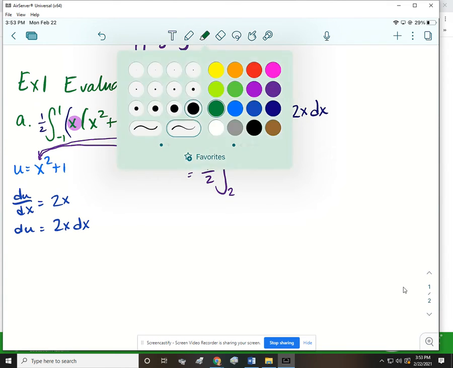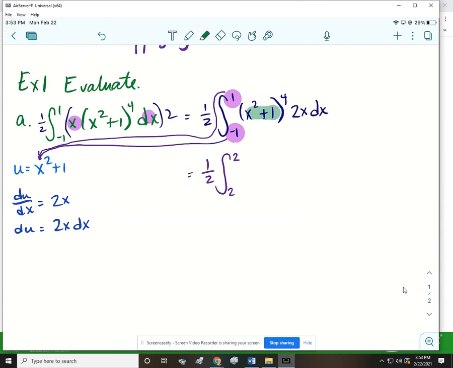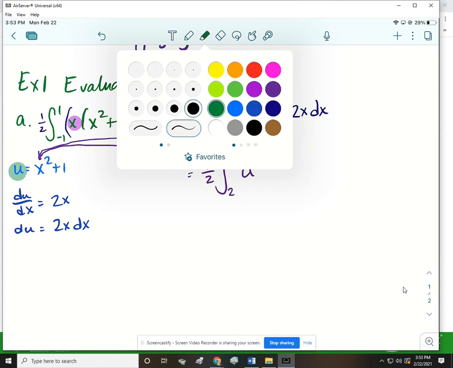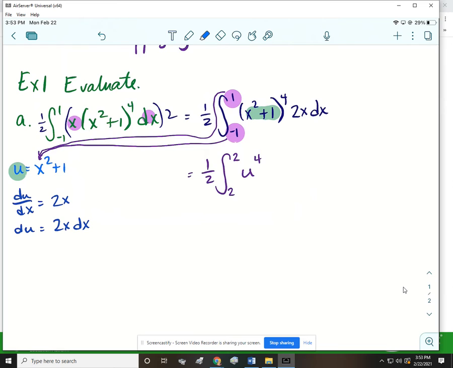Okay? In the place of x squared plus 1, we're going to put that as a u. And then in the place of 2x dx, we're going to put that as du.